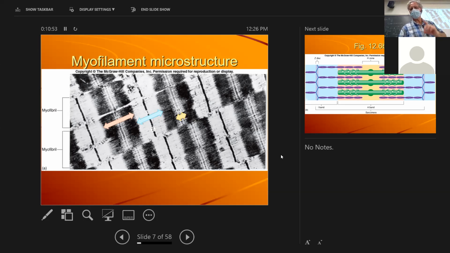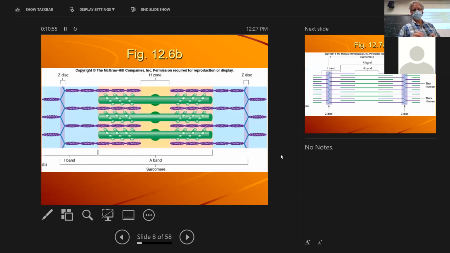So if we take this structure and convert it into a cartoon, we see this a bit more clearly. So here is your H zone. The H zone is really the space between the ends of these thin filaments.